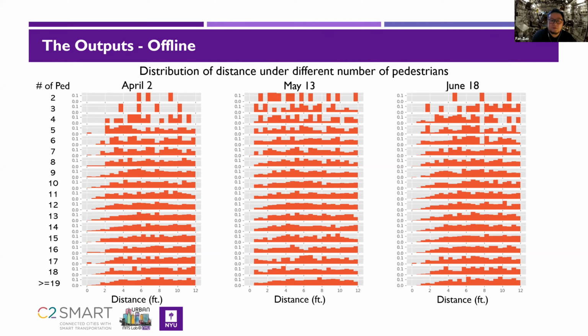But if we compare these two with May, it's different, because you will find a little bit of fat on the left for May's distribution, and you can see some fat-tailed phenomenon in April, because that is the highest point of the people's fear, right?